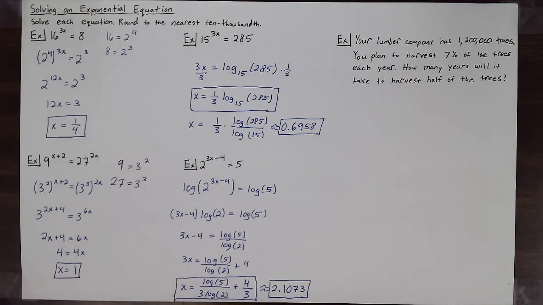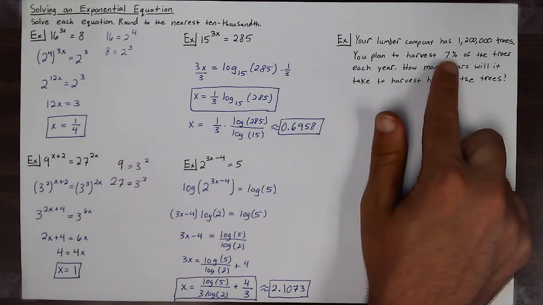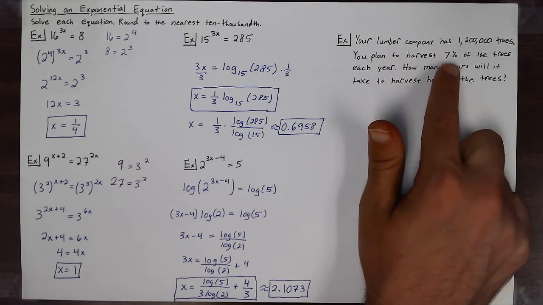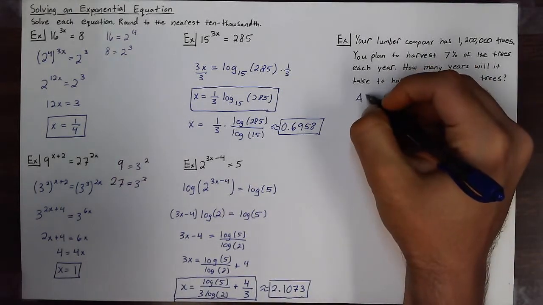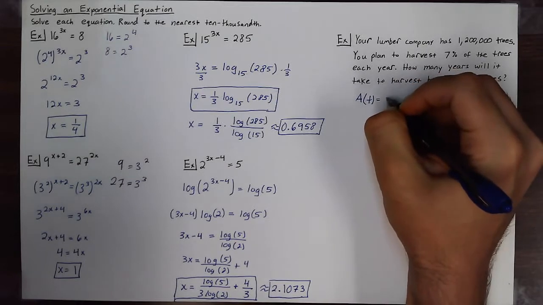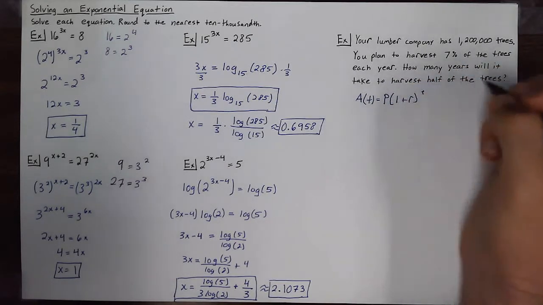Now, for the last example, we have a word problem. Your lumber company has 1,200,000 trees. You plan to harvest 7% of the trees each year. How many years will it take to harvest half of those trees? So we have a rate that's going down each year, so we can set up an exponential function: A of t is equal to P times 1 plus r to the t.